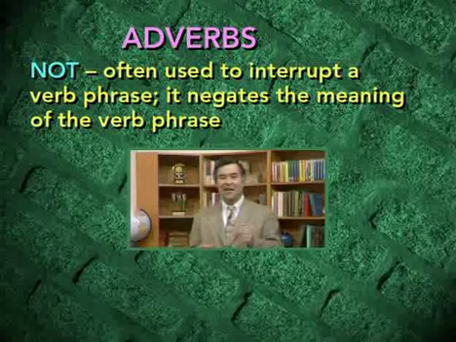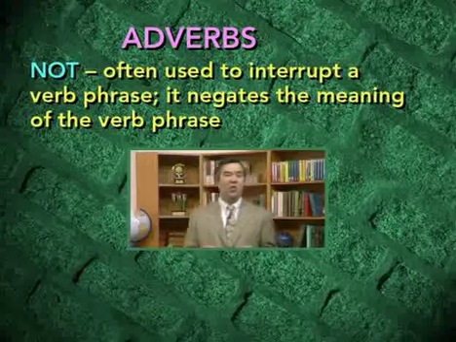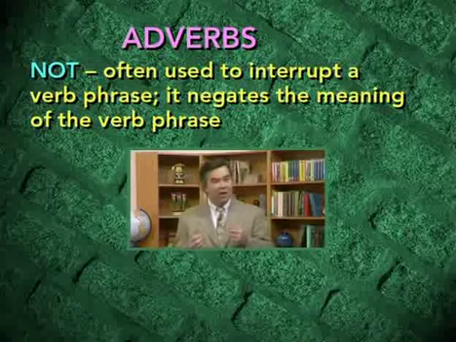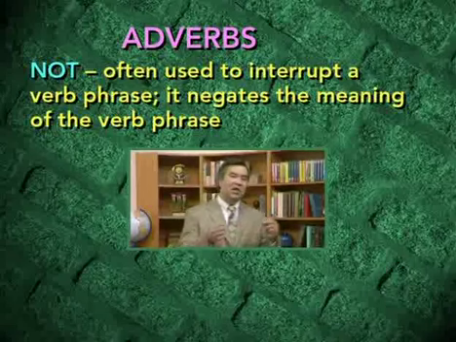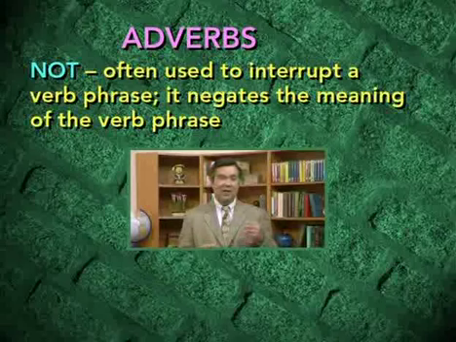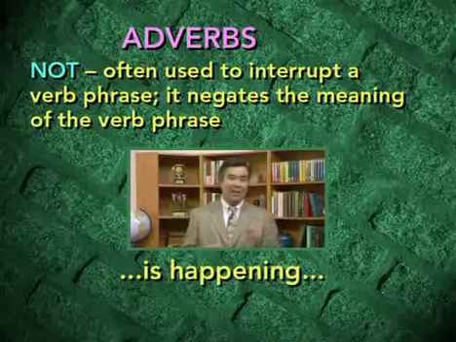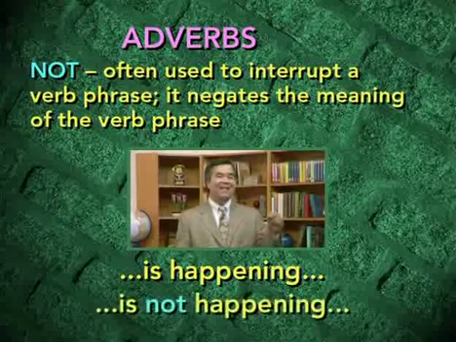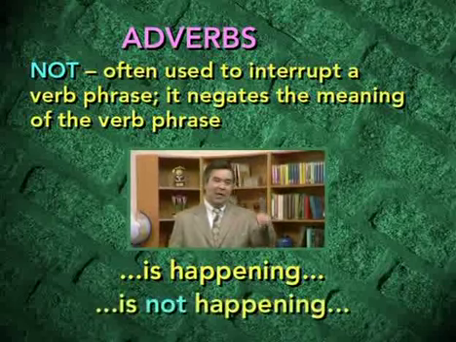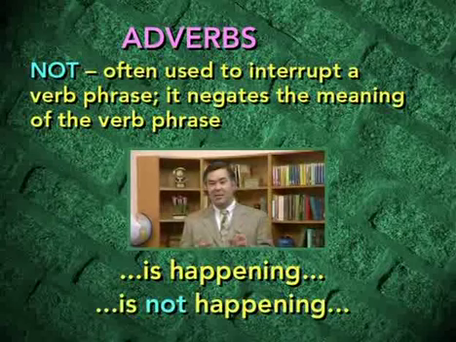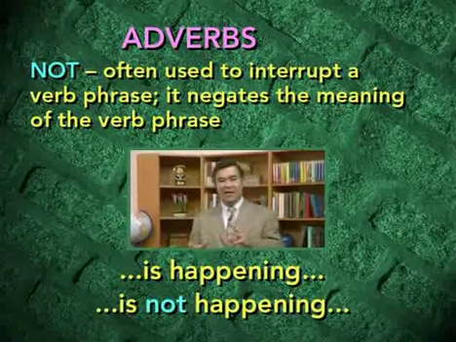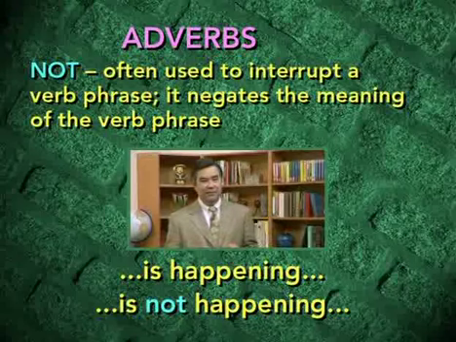And in fact, the way I just used the word not illustrates how the adverb not is used to interrupt a verb phrase. We could refer to something that is happening, and is happening is the verb phrase, or something that is not happening. And by inserting the adverb not in the middle of the verb phrase, we turn the phrase into a negative rather than a positive.